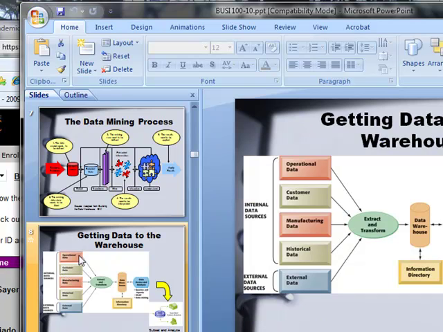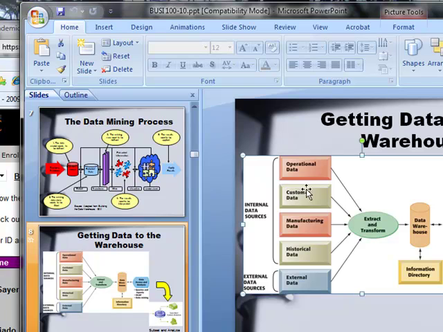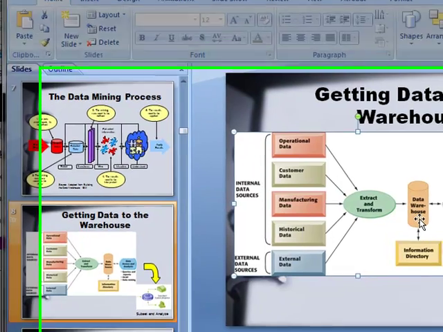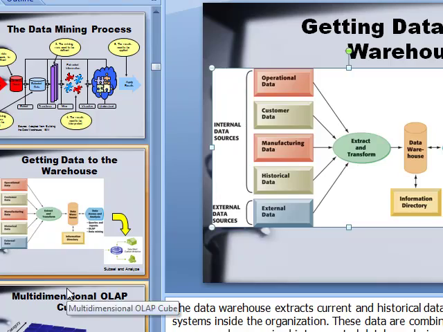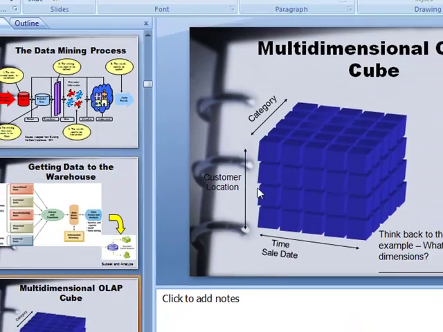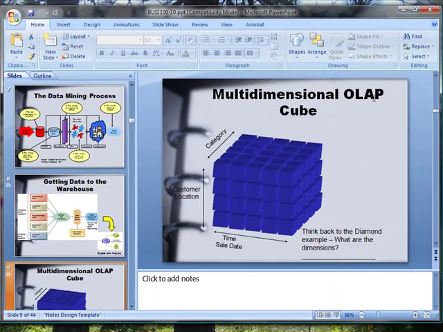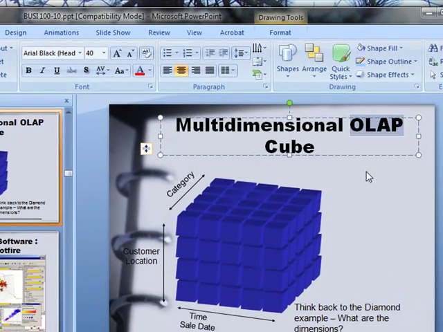So again, let me jump down a slide. What we're doing here is we're getting customer data right up here. That's kind of the center block here. That data has already been extracted and placed into the data warehouse. And now we're going to be analyzing it, and we're going to analyze it in what's called an online analytical processing cube, OLAP cube, or what's called a pivot table within Microsoft Excel.